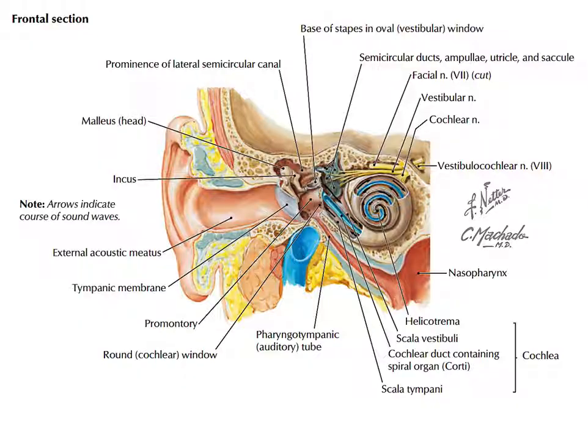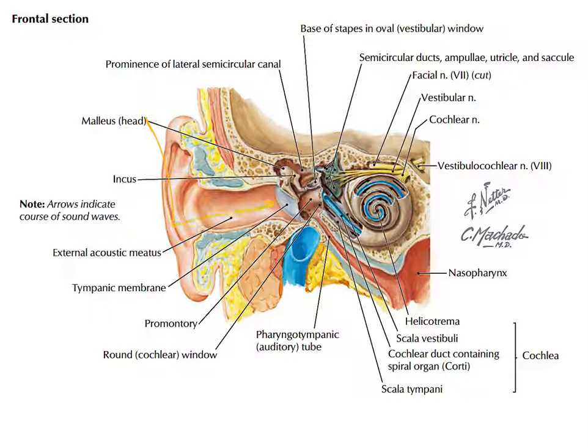You know that we need the pressure of the air on each side of the eardrum, the tympanic membrane, to be equalized in order for the tympanic membrane to work properly.